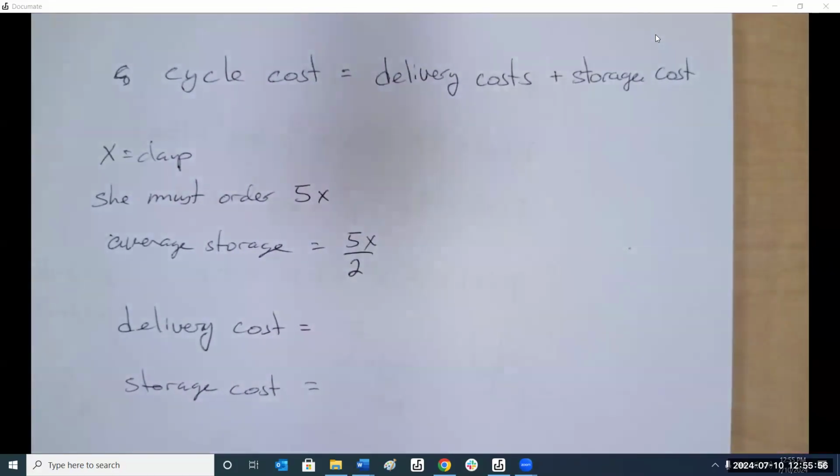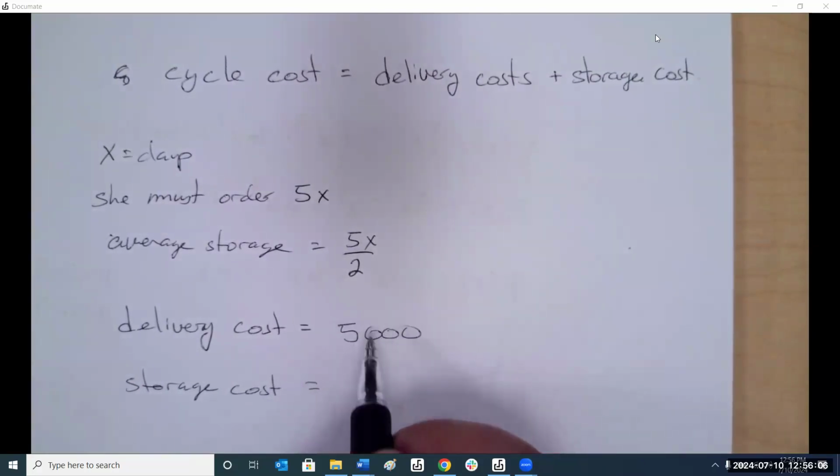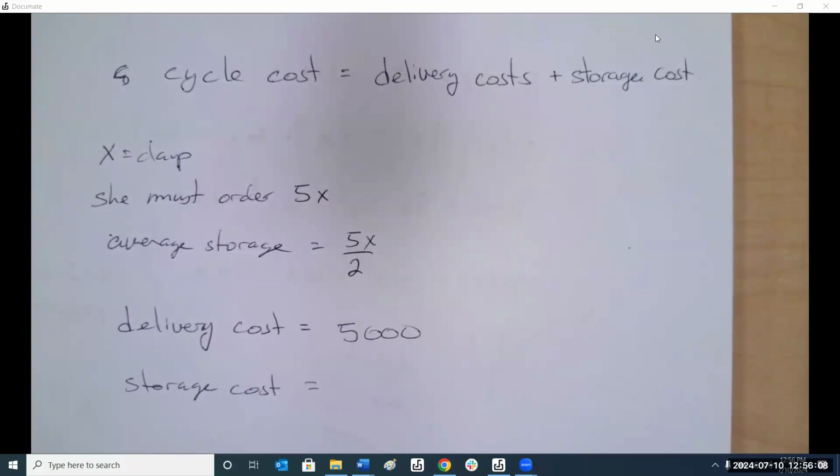We have to put them together. What's the delivery cost? $5,000. And storage is 5x divided by 2.